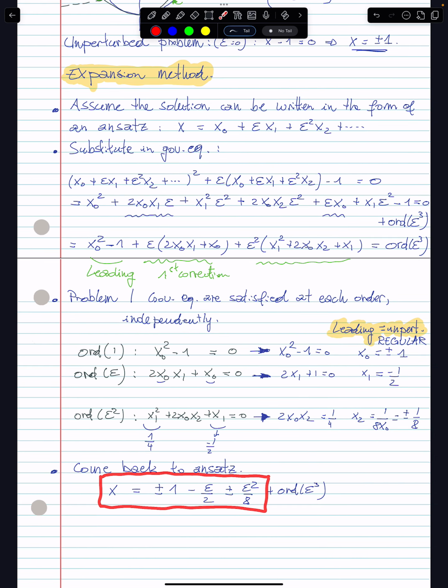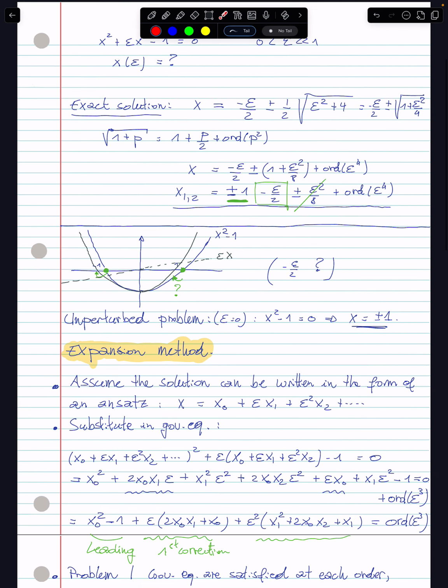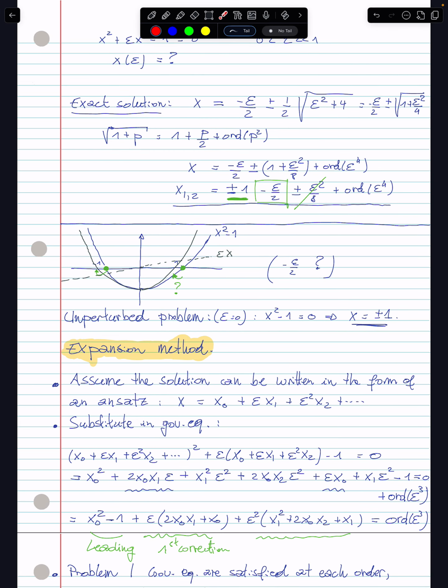The only difference is that in our case, we were just able to say that the next term in this sequence could be of order epsilon to the third, while from the original problem, we were able to say right away, but that's because we could get its exact solution of the problem and then provide an asymptotic expansion for that. We could say right away that the next term was to the power 4.